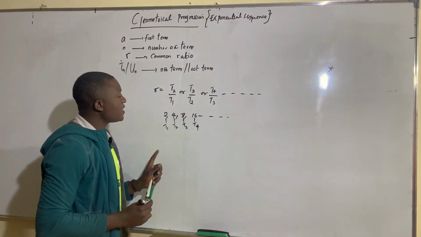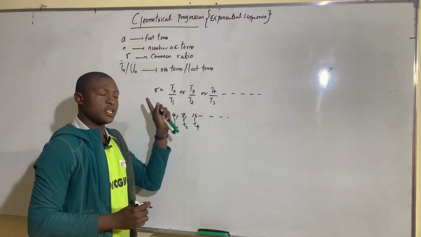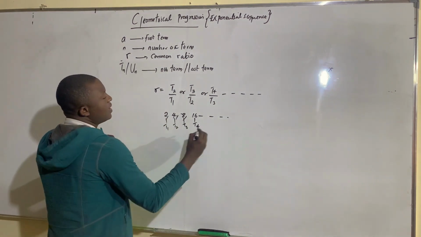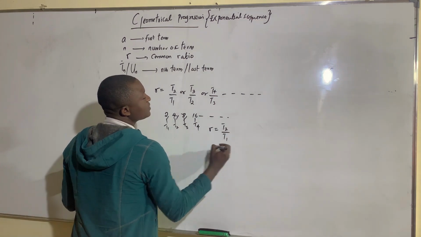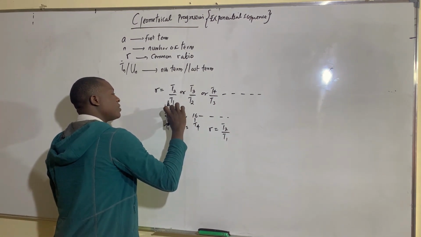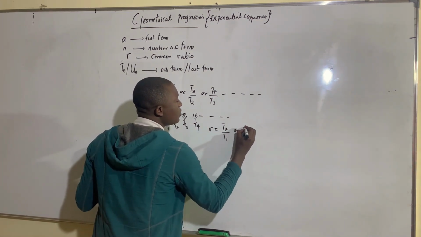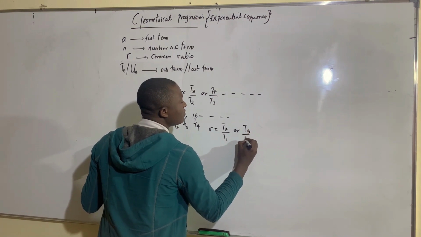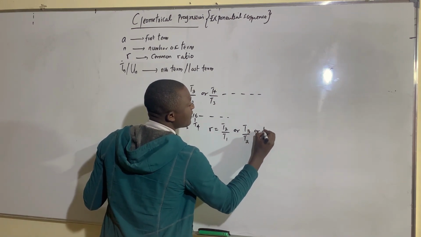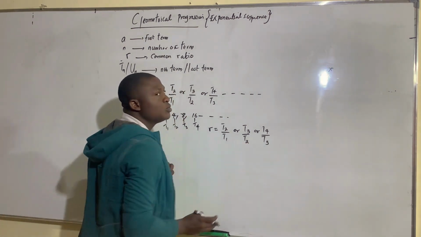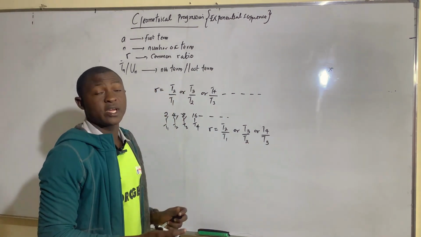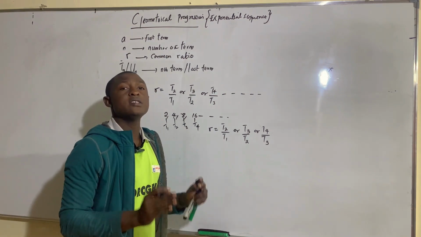If I want to find the ratio, I can take the second term over the first term, or the third term over the second term, or the fourth term over the third term. Any of these that we use, they must have the same result. We are expecting to have the same values.